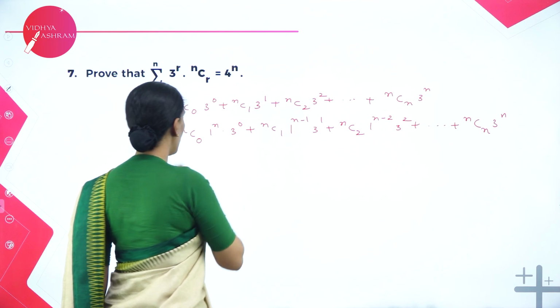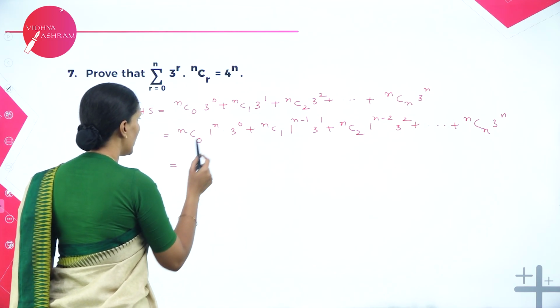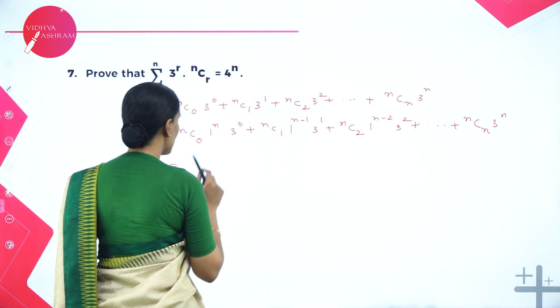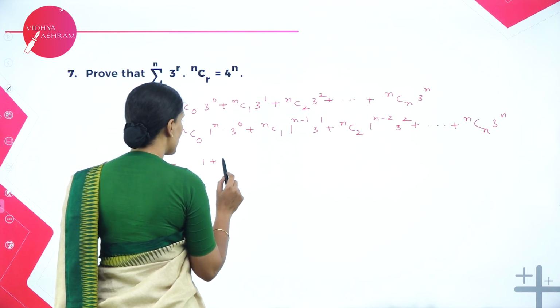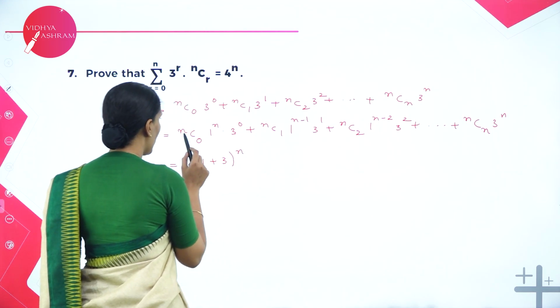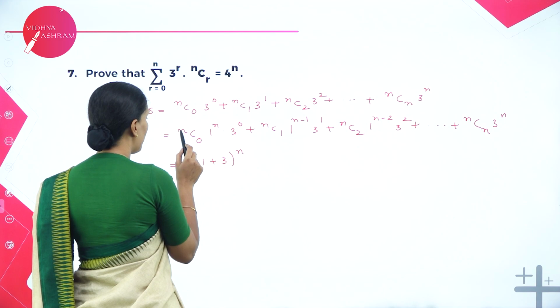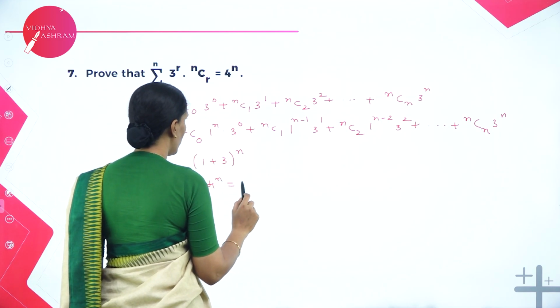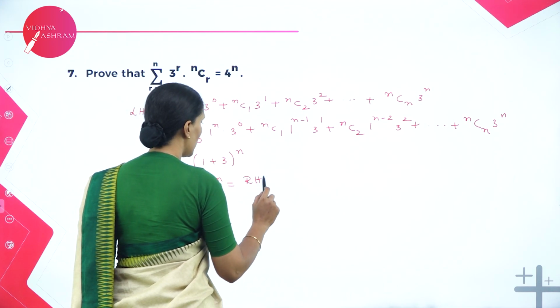The very first value is 1 here. If we reduce this to the binomial form, this is a and this is b. So it is (1 plus 3), that is (a plus b) whole to the power n. What is 1 plus 3? That is 4 to the power n. So it is the right hand side of the equation.